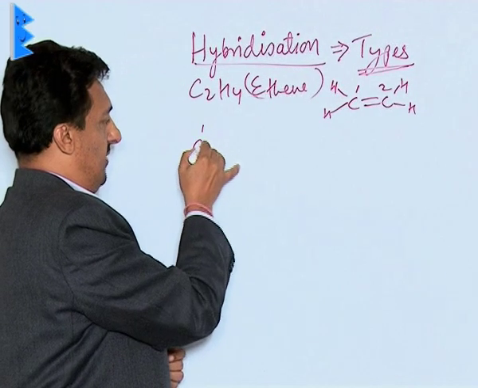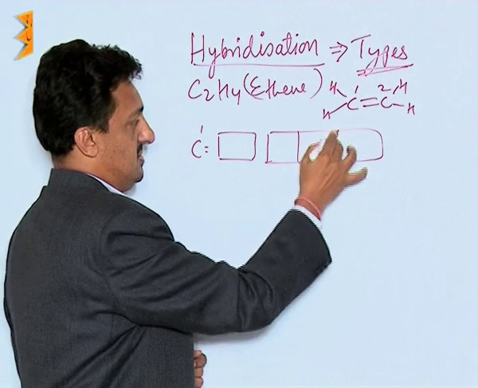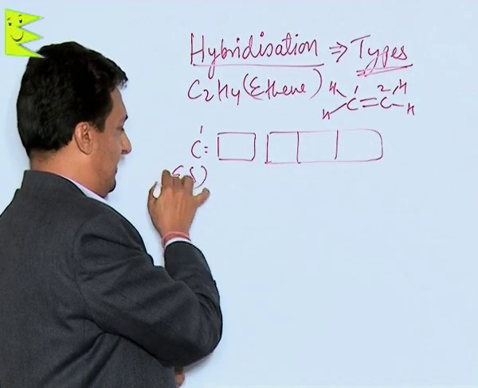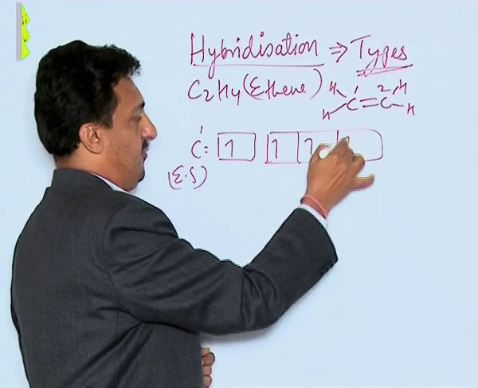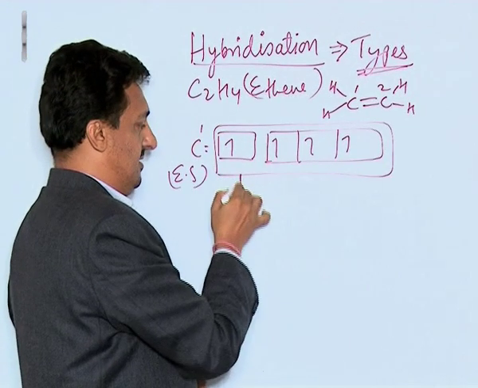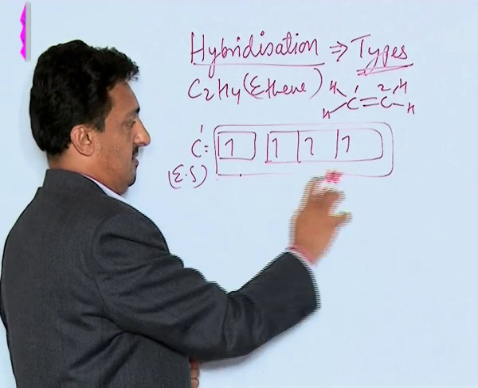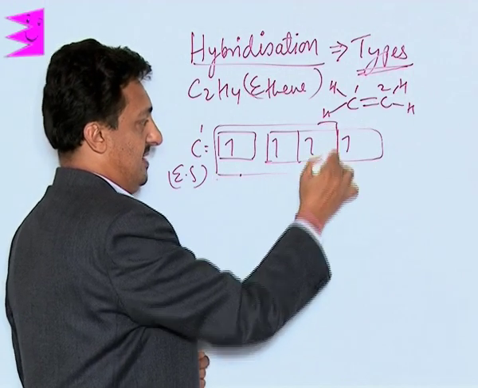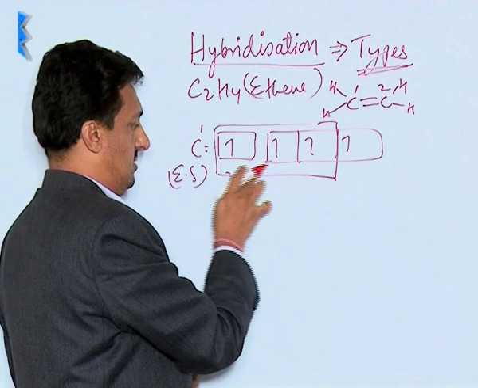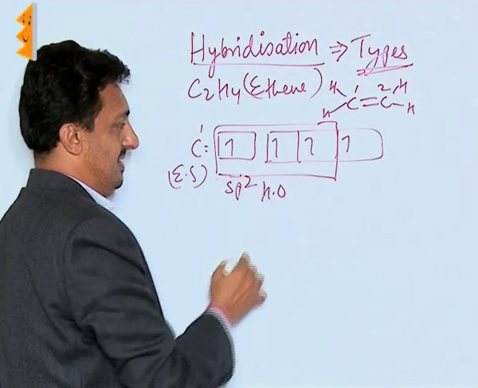Now in carbon number 1, what we find is, this is the situation in the excited state, that all its 4 electrons are unpaired. They are not sp3, they are present like this, sp2 hybrid orbital.